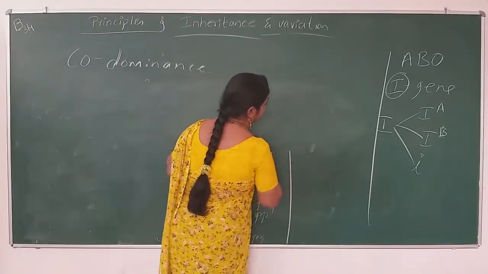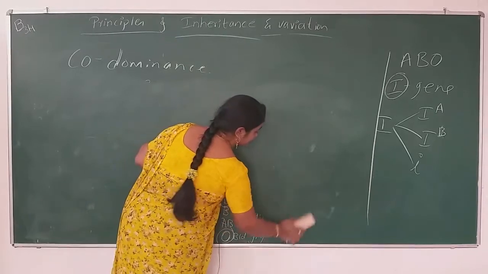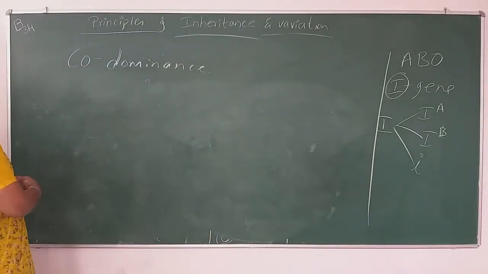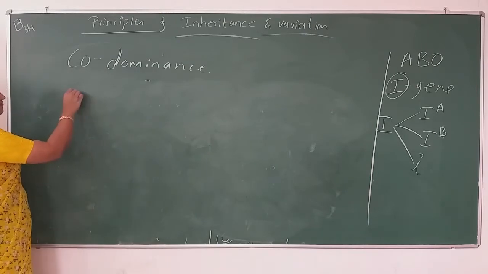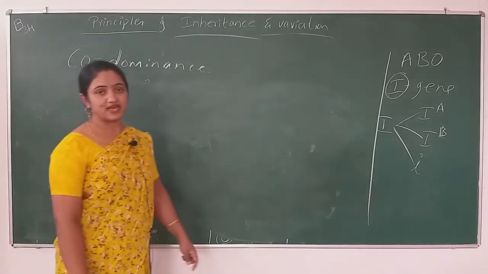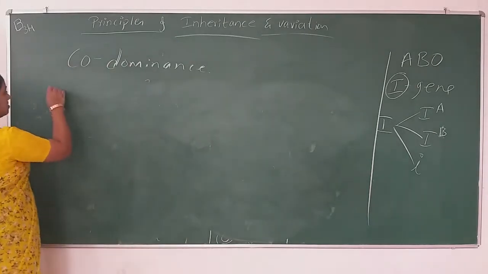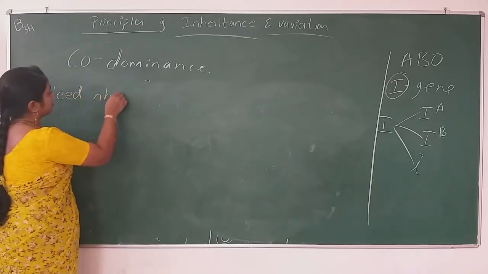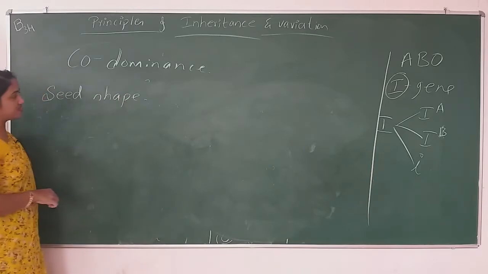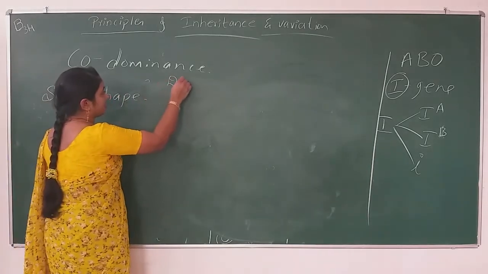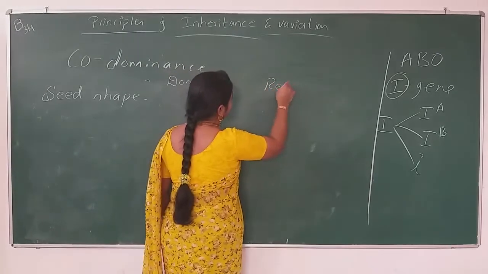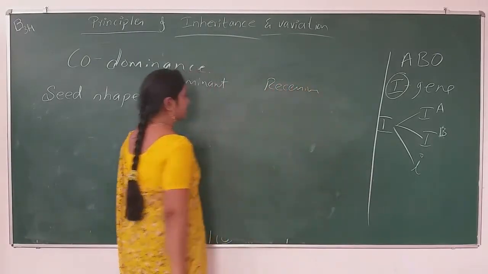What did he select for his experiment? He selected the pea plant, right? Out of 7 characters, 1 character I mentioned that day, that is seed shape. I had written one dominant and one recessive trait, right?